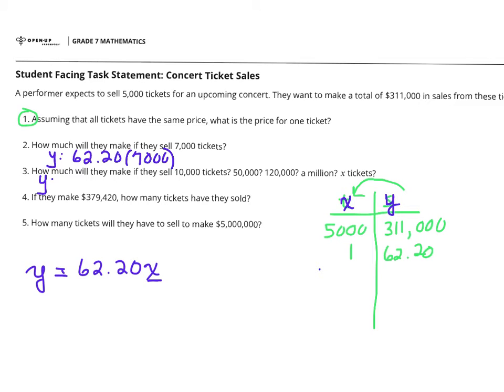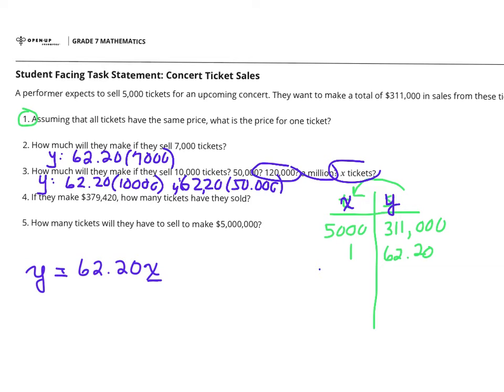Well, I'm doing that same repeated operation, right? 62.20 times 10,000. 62.20 times 50,000. So multiply those out for me. How about for 120,000, for a million, for X?